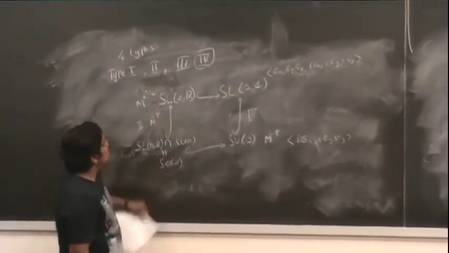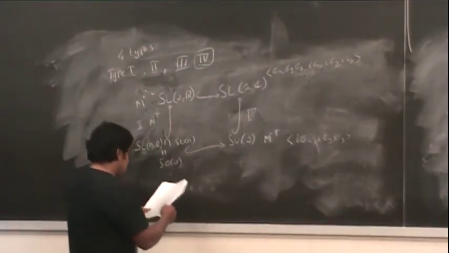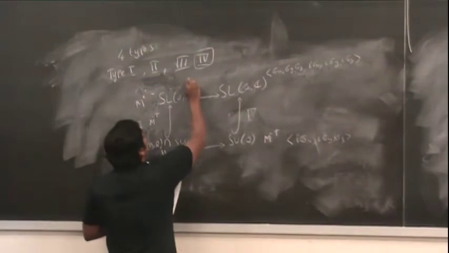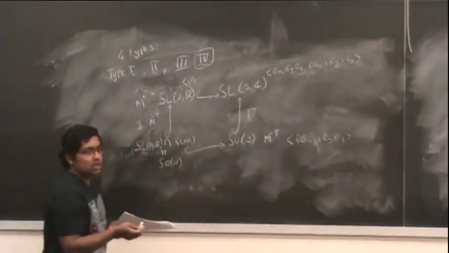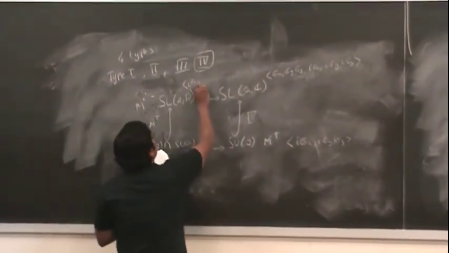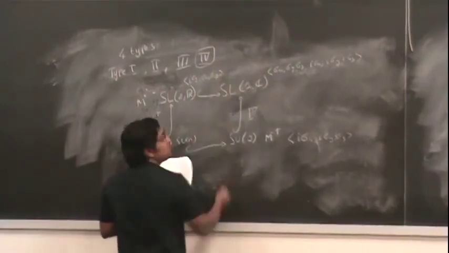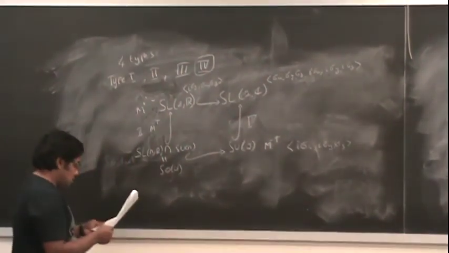Now SL2R should be generated by real matrices. So the real matrices are i sigma y. Sigma y has an i in it, and if you add another i, it becomes real. And sigma x and sigma z, right?